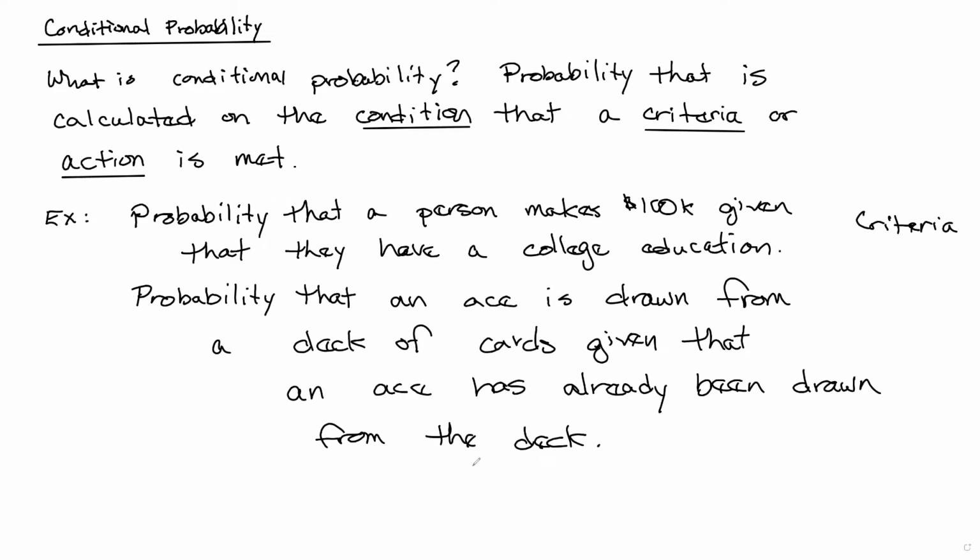So it's similar. We're trying to find the probability of something happening, given that something else has already occurred. So in this case, there's a condition already in place. We're going to look at criteria conditional probability, and we're going to look at action-based conditional probability.